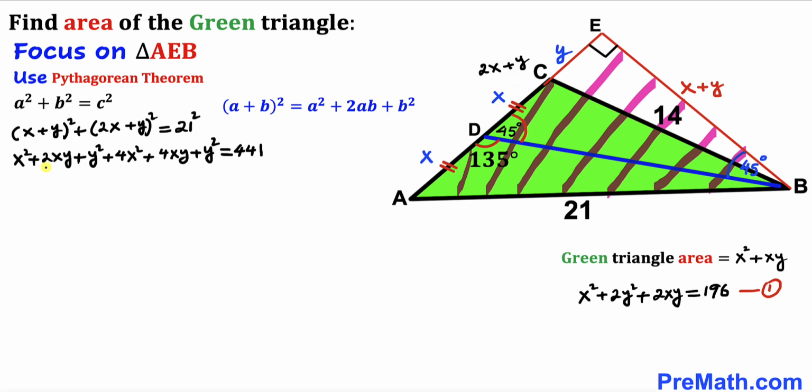Now let's combine the like terms. We have 5X square plus 2 times Y square, and finally plus 6 times XY equals 441. Let me label this as equation number 2.